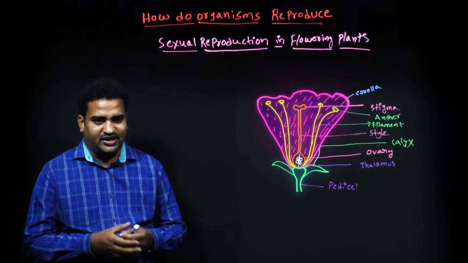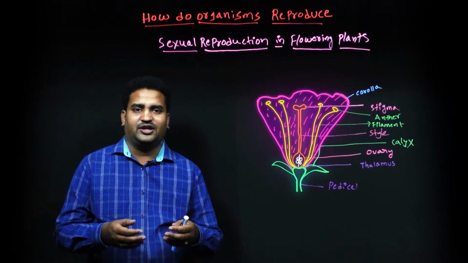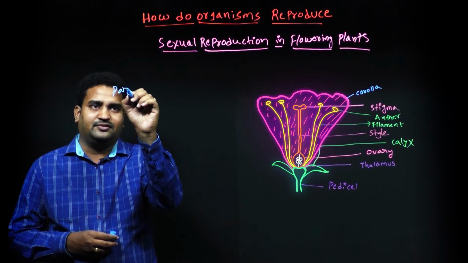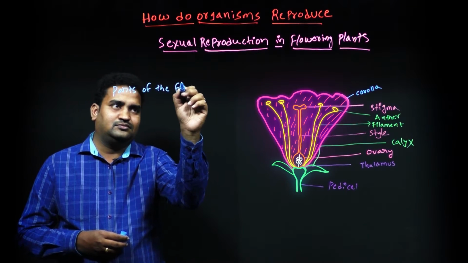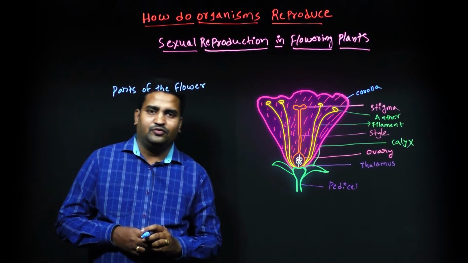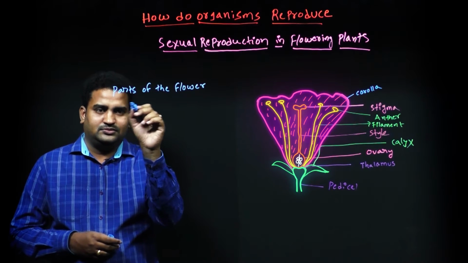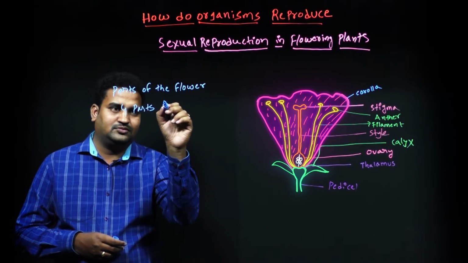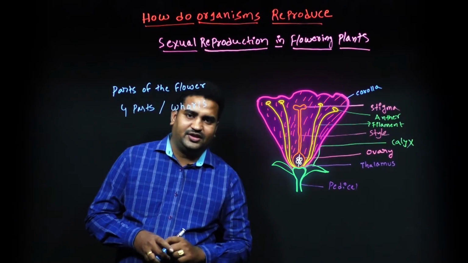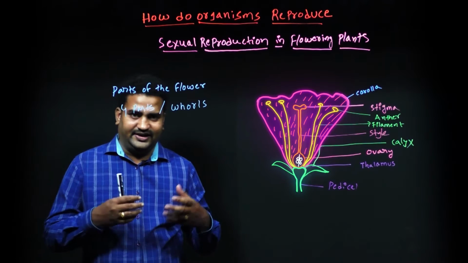So flower mainly contains four important parts. Parts of the flower. Flower contains four parts, or whorls. So let us talk about each and every part in detail.